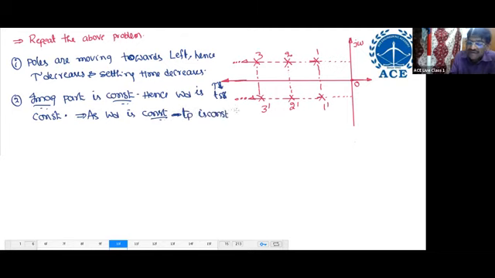Because what is the formula for TP? Pi by omega D. Pi is constant, omega D constant, so TP is constant. What about TD and TR? TD and TR depend on zeta as well as omega n.